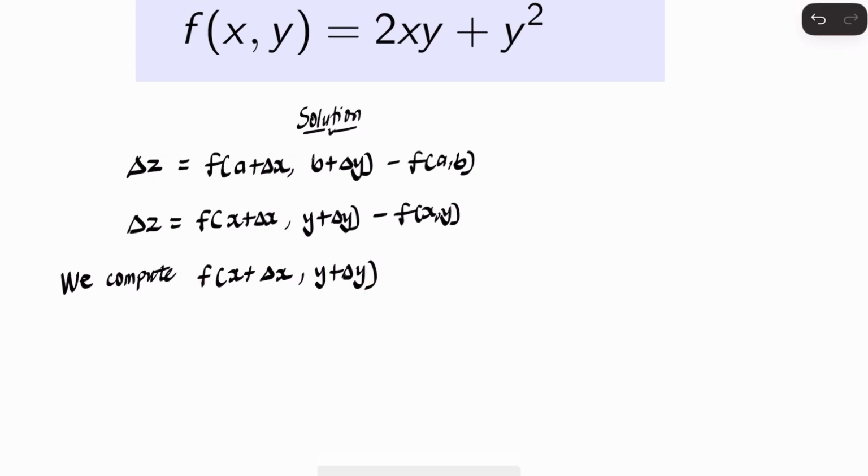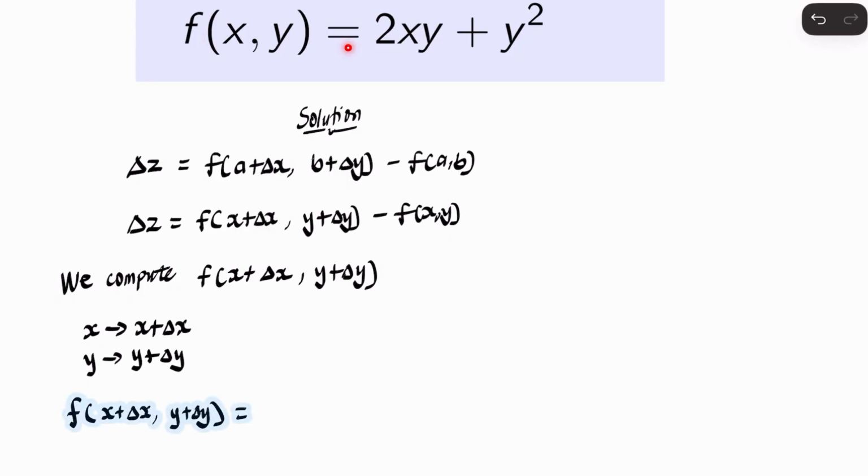To compute this, our new x is now x plus delta x, and our new y is now y plus delta y. So x is now equal to x plus delta x, and y is now equal to y plus delta y.